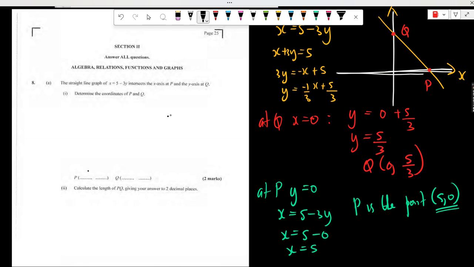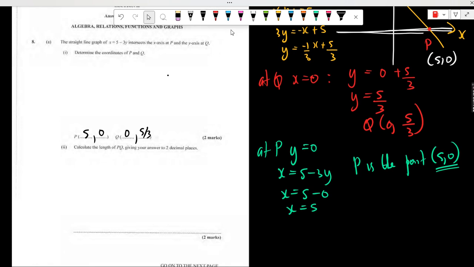So once again, P is the point (5, 0), and Q is the point (0, 5 thirds). Next part of the question says, calculate the length of PQ, giving your answer to 2 decimal places. So let's label the points. P is the point (5, 0), and Q is the point (0, 5 over 3).